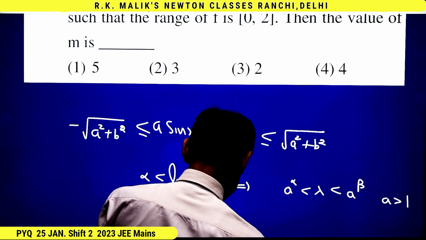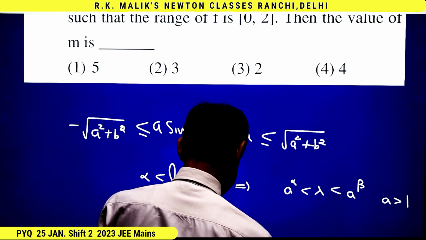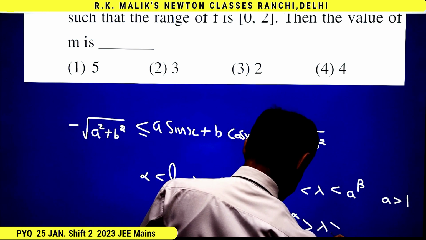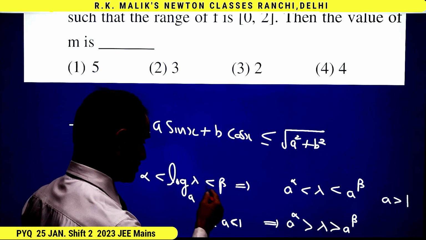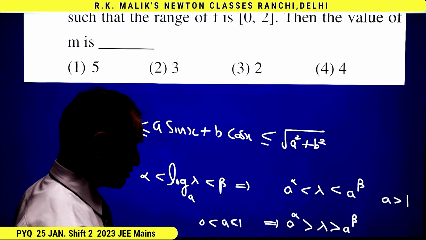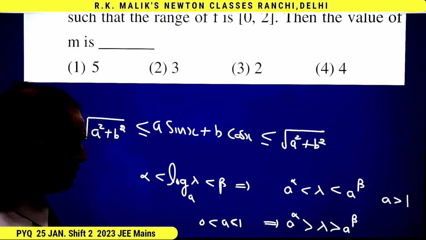But if a lies between 0 and 1, then lambda lies between a to the power beta and a to the power alpha. That is, the sign of inequality has changed if a lies between 0 and 1. These two formulas I am going to use in this question.